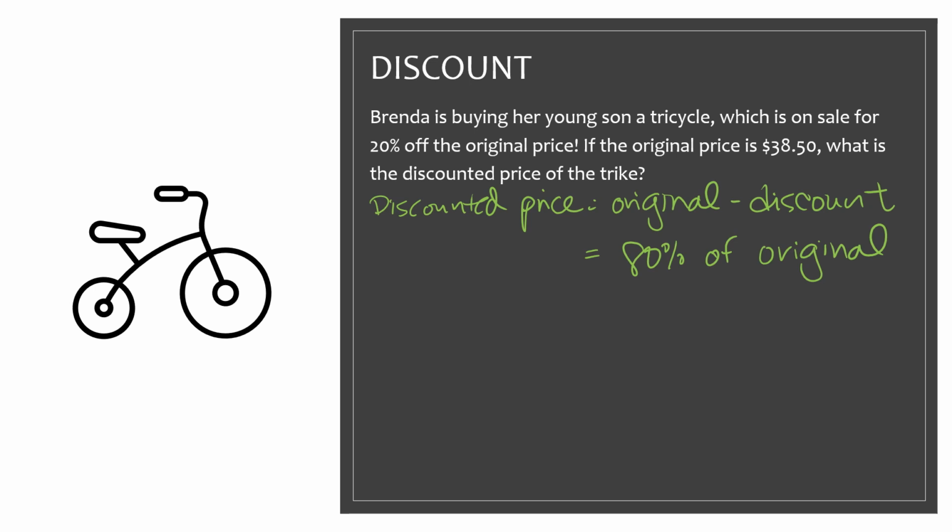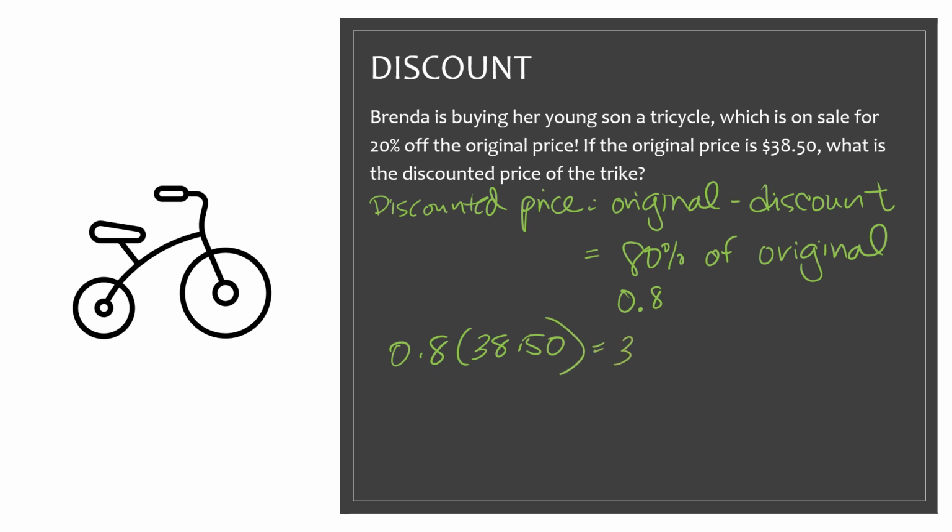And the way that we write 80% in decimal form is 0.80, or just 0.8. That's even easier. So basically, I want to know what's 80% of the original price. So I'm going to say 0.8 times 38.50.